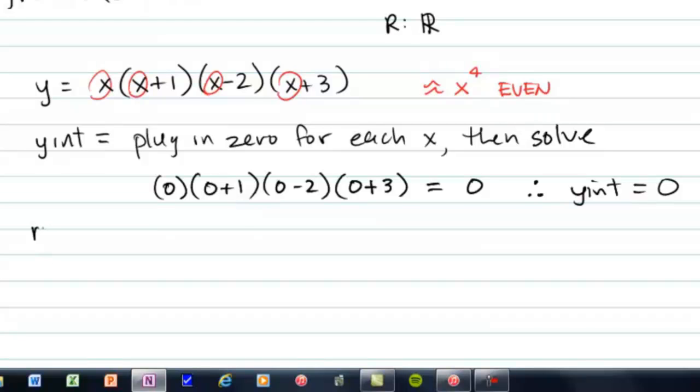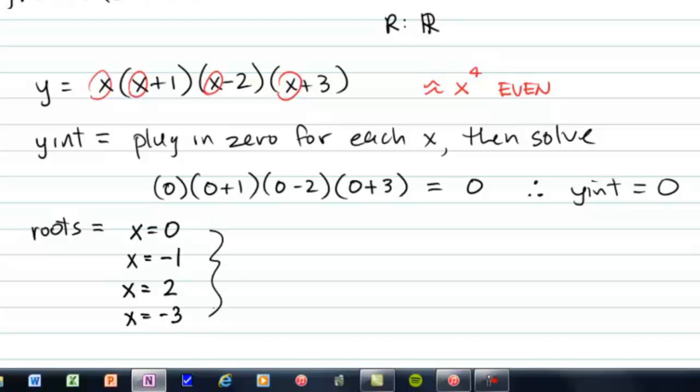Next, we're going to find the roots. The roots are basically found by using the zero product property for each of those terms, or each of those factors in what we're talking about. So in this case, we would say x could be equal to 0, x could be equal to -1, x could be equal to +2, and x could be equal to -3.